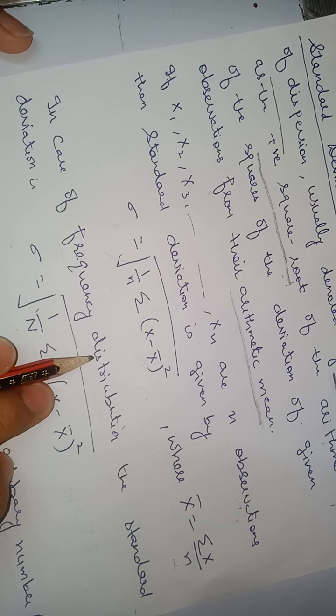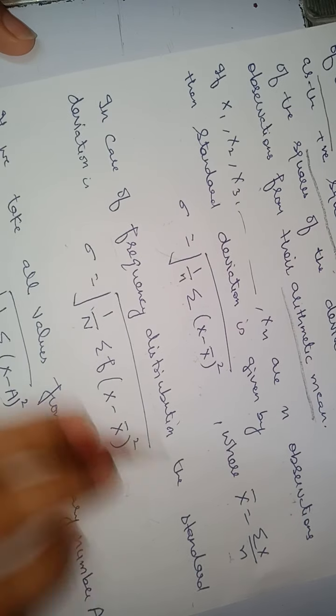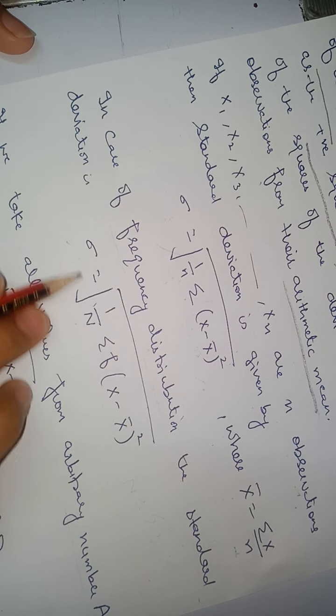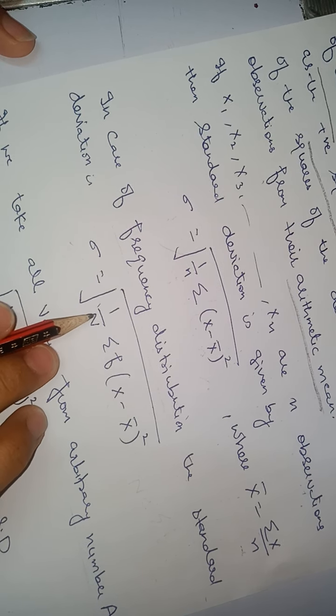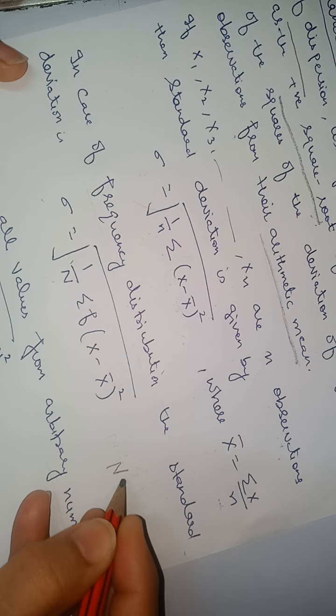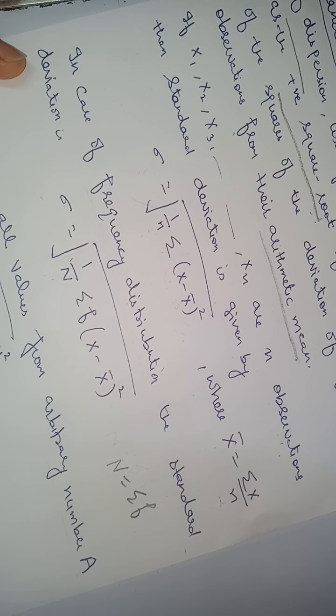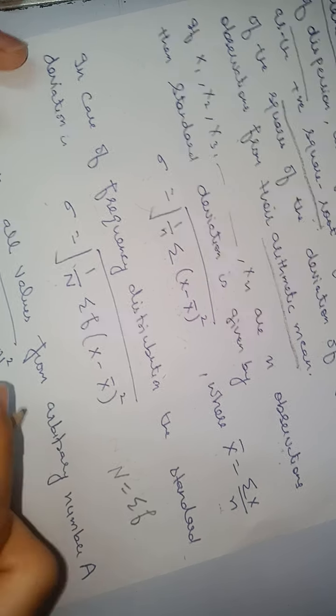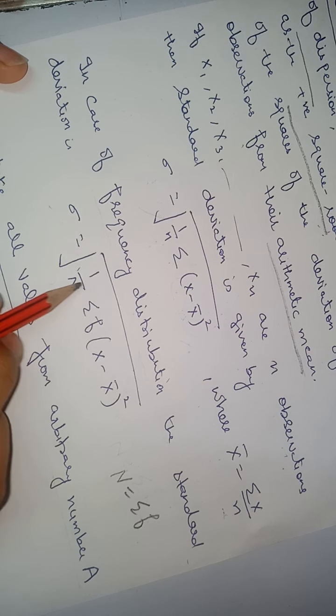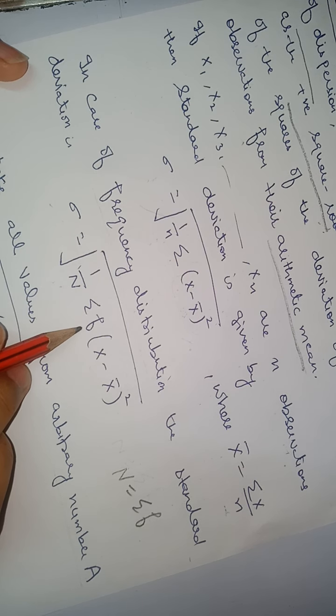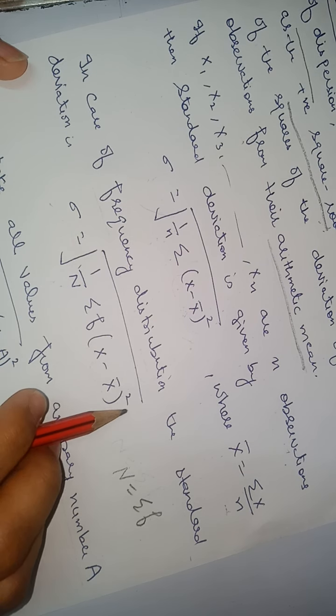In case of a frequency distribution, the standard deviation sigma equals the square root of 1 by N, where capital N means the sum of frequencies, summation f (x minus x bar) square.